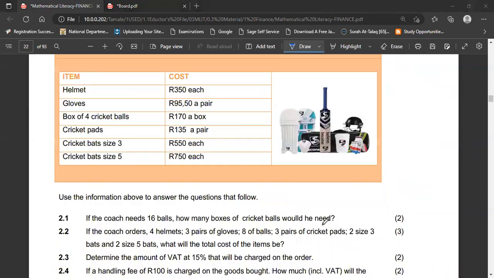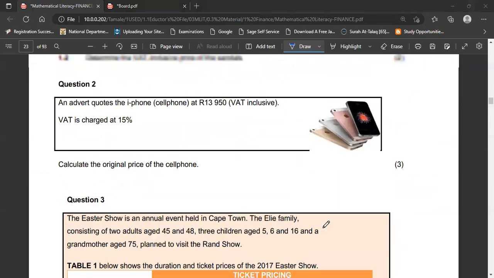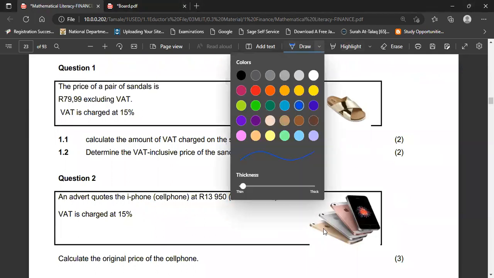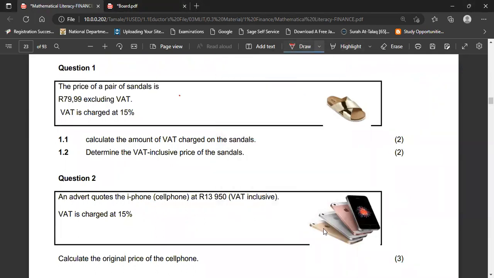All right, we look at another example. This could be your practice if you wanted. Anyway, let's look at this. We have a pair of sandals, costs this much, excluding VAT. So they are saying calculate the amount of VAT charged. Now, since it excludes VAT, this is straightforward.